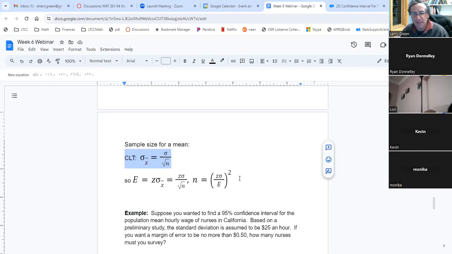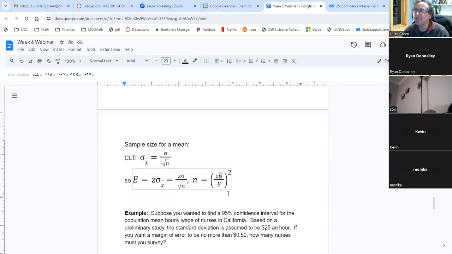Okay. By the way, how might you come up with a sigma? Any thoughts? Yeah, you do what's called a preliminary estimate or a preliminary study, and that even can be a small sample size. You could do a sample size of 10 or something, and you can do the standard deviation of that sample, and you can use that as your estimate for sigma, as your best guess. Because you never know exactly the sigma, but you can get a guess by doing a small sample size and using that as your guess.